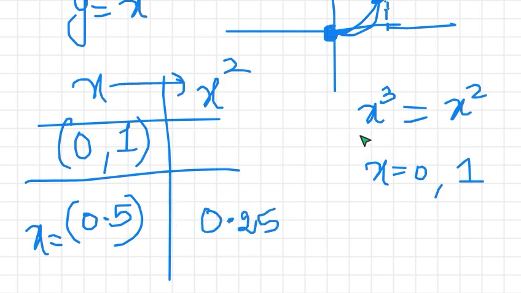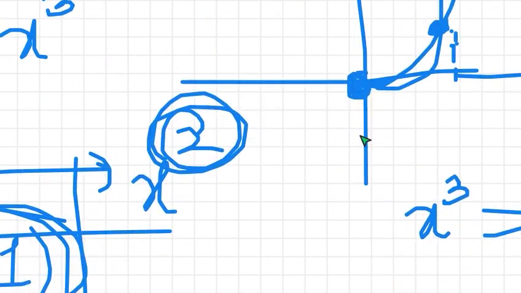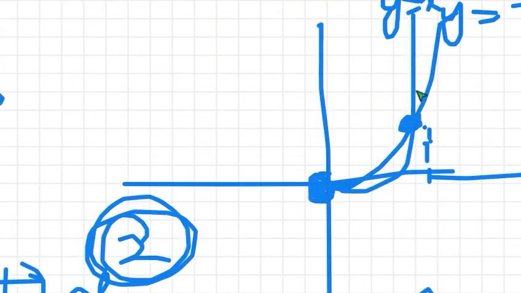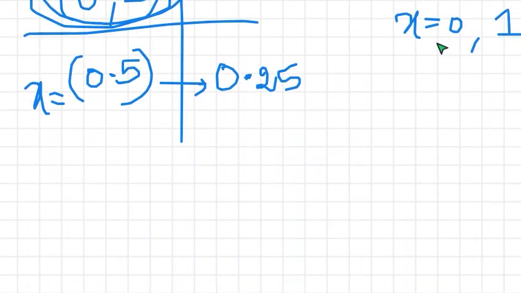The value from x to x square increased or decreased? Decreased. So whenever a number is between 0 to 1, if you increase the exponent, its value decreases. That is why it takes a bit more time. But once x crosses 1, it will pick up the pace. Do you understand? Yes. So that is the understanding.